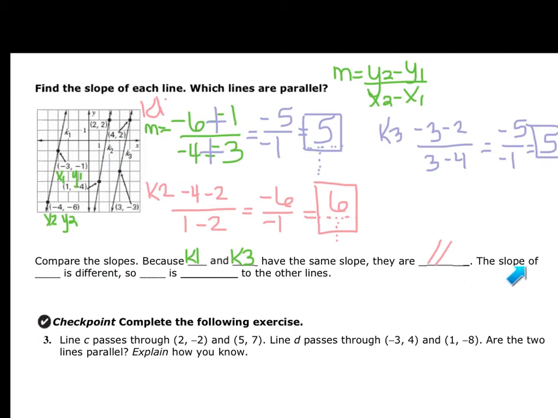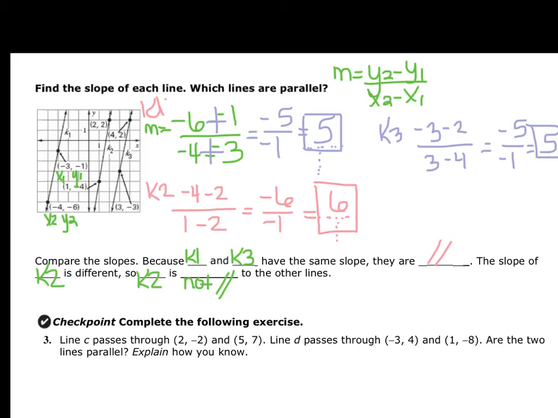The slope of K2 is different, so K2 is not parallel to the other two lines. Now, see if you can do the same thing in the checkpoint 3.